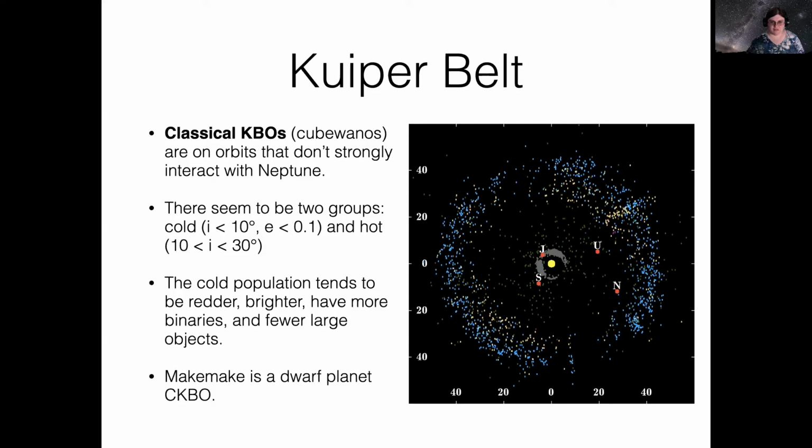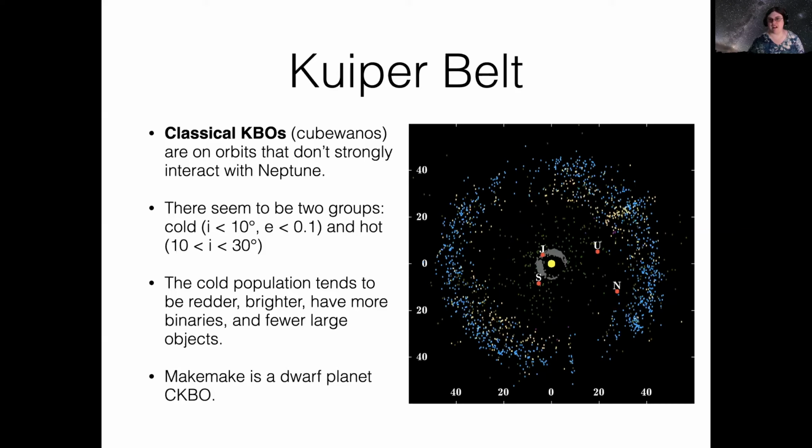And the interesting thing about this is they seem to be two different populations. In general, cold classical Kuiper belt objects tend to be redder than the hot classicals. They're going to be brighter. They tend to have a higher albedo. That's what I mean by brighter than the hot classicals. They're more likely to have binaries. And there's many fewer large objects.